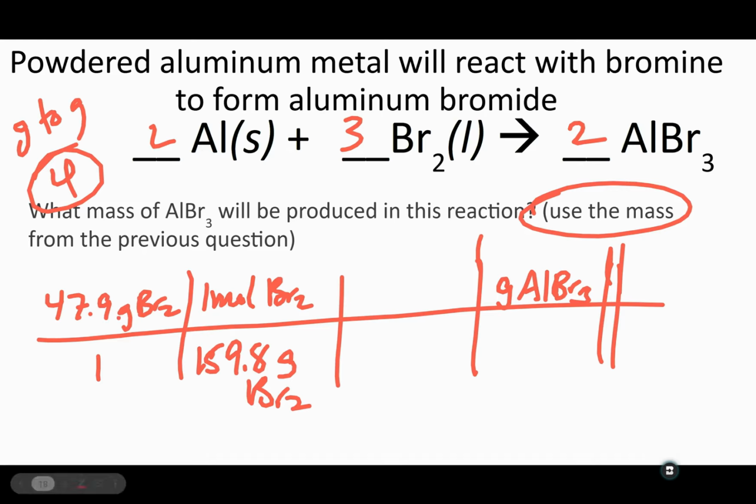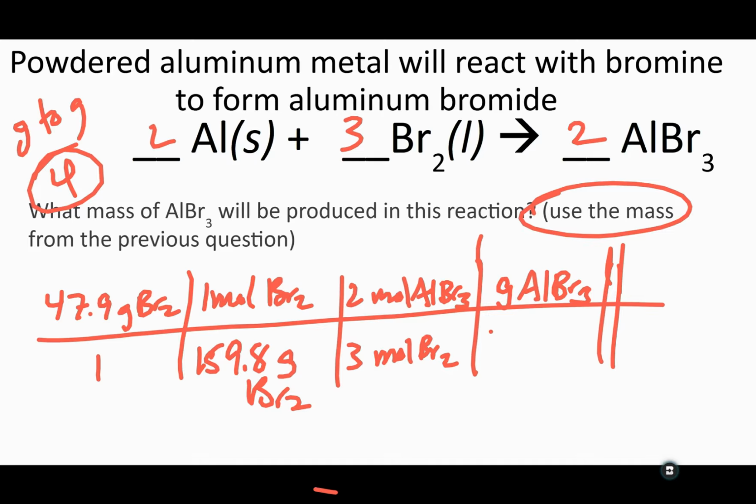I want to get rid of those, so I'm using my molar mass fraction here. I am in moles of Br2. I have to get to grams of AlBr3. I apologize. So I'm going to put moles of Br2 down here. Then on the top, I will put moles of AlBr3. So I'll put my coefficients: 3 moles of Br2, 2 moles of AlBr3.